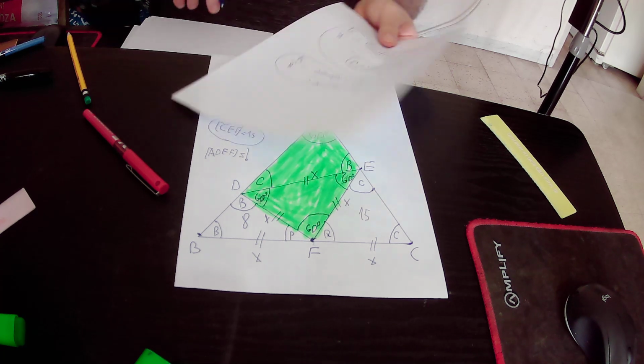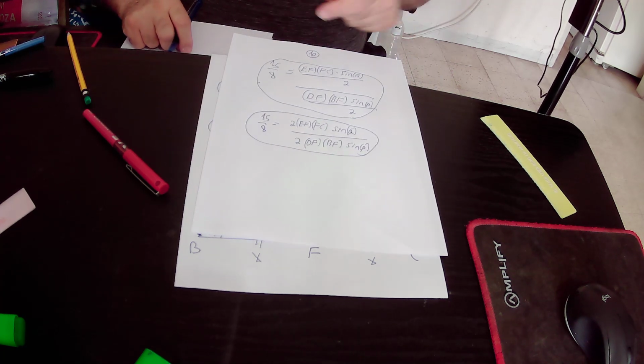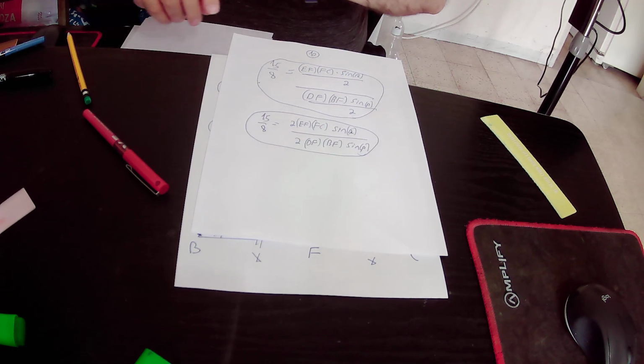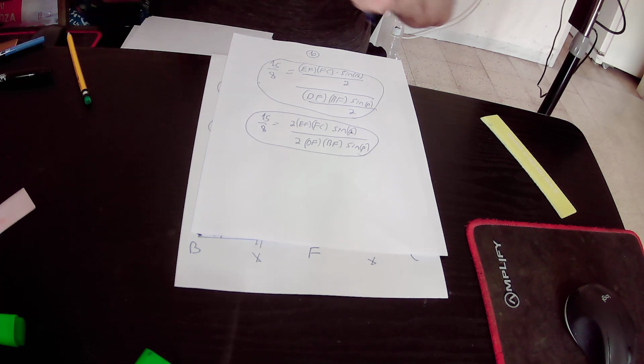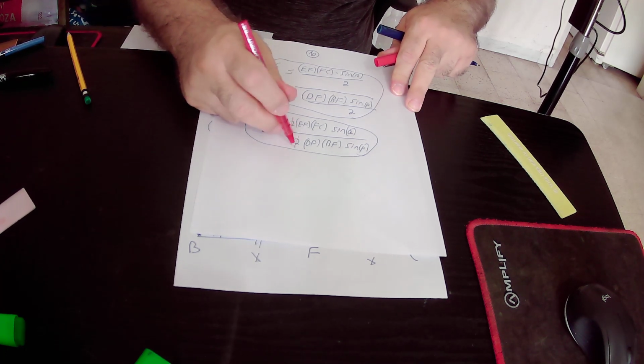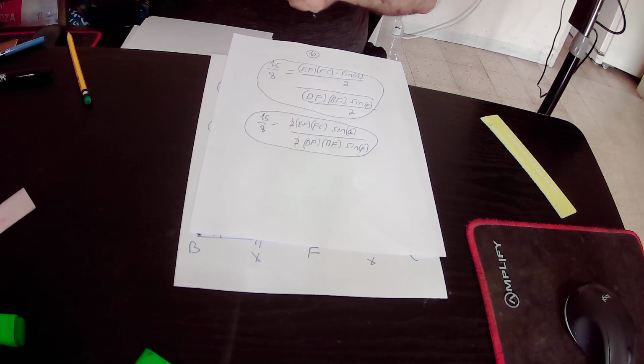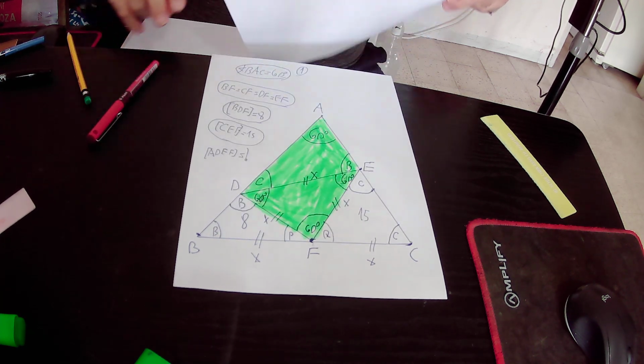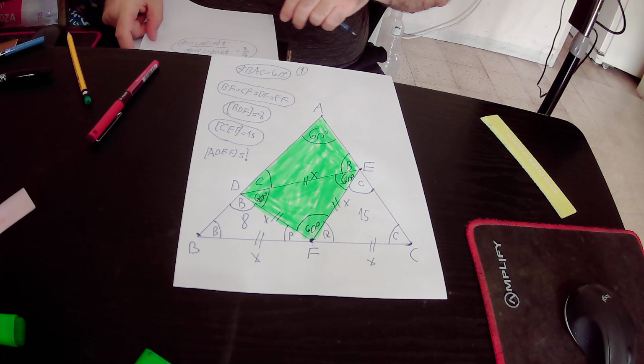So we got this equality. Here 2 over 2 is 1, so 2 is cancelled. And what is the value of EF?